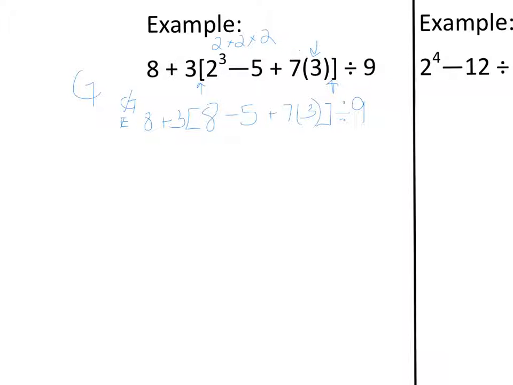Next comes multiplication and division. And in looking at multiplication and division, we note that we have multiplication inside. The 7 parentheses 3 means multiplication. So we multiply 7 times 3, and we get 21. There's no other multiplication or division, so we then go into addition and subtraction.